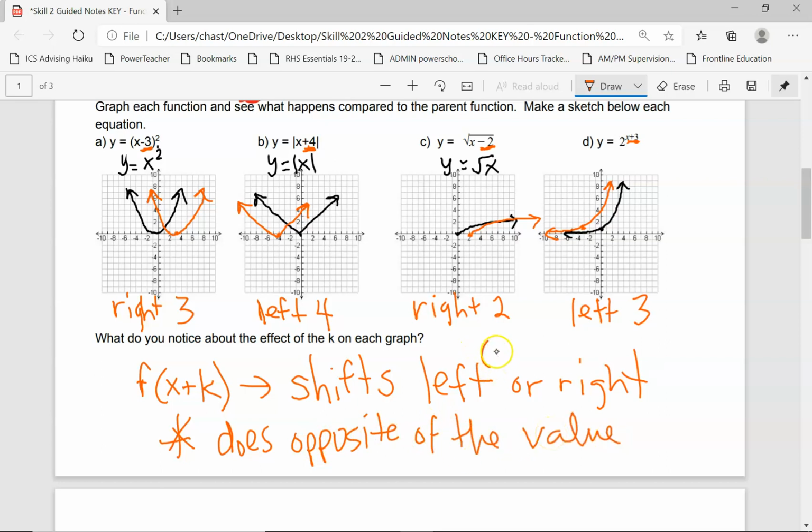So left is going to happen when you have a positive value, and right is going to happen when you have a negative value. Okay, and you'll get used to this as we practice more.